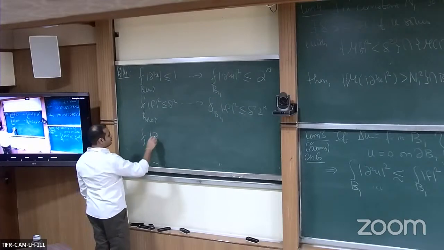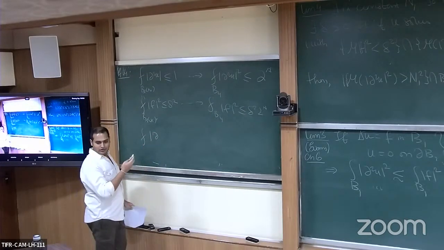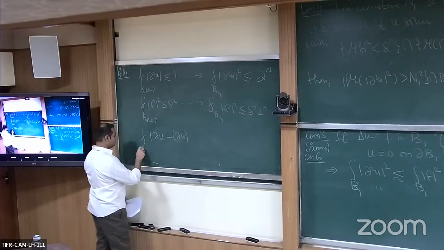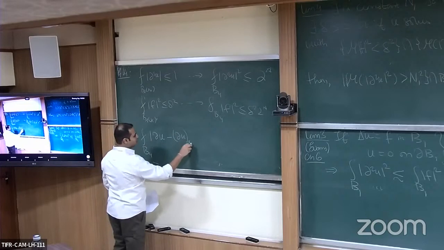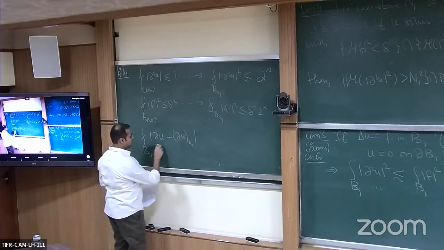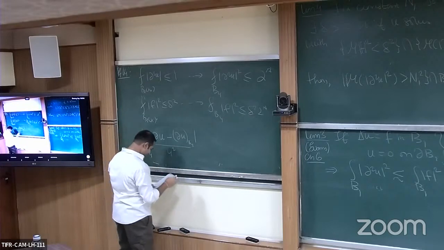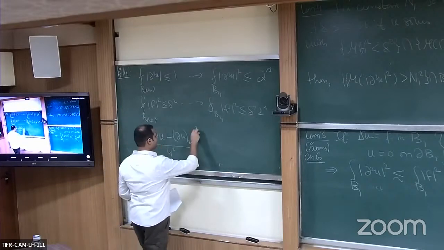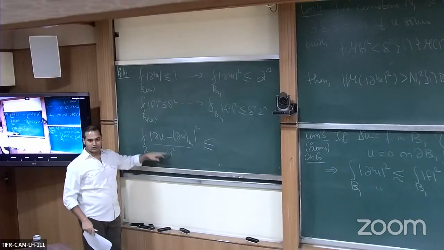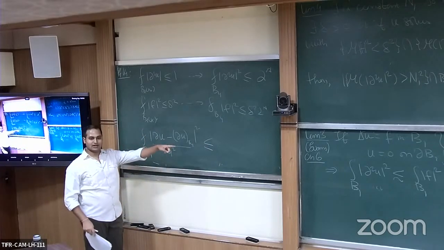Now Poincaré is okay. I'll use Poincaré. So du minus du, this is the average in, let's say, B4. The notation means the average of du in B4. By Poincaré, actually, what happens is this R, this has to be the scaling factor, because on the right side I get the gradient.